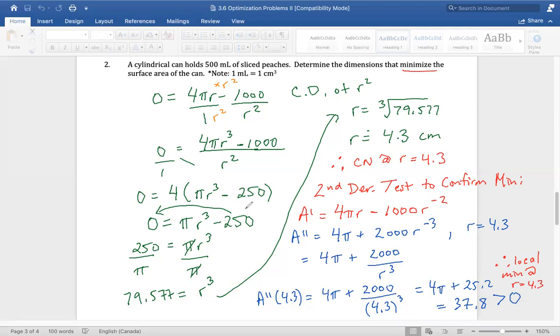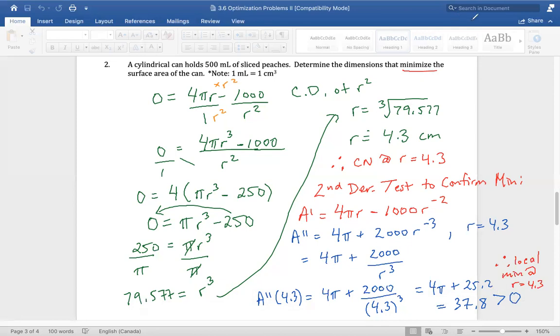Surface area, because we're talking about a company here that's packaging peaches. They want the minimum amount of surface area where they can still hold that volume of peaches. So for their label, for the glass, for everything, it's costing them less to package the peaches in those jars, right?